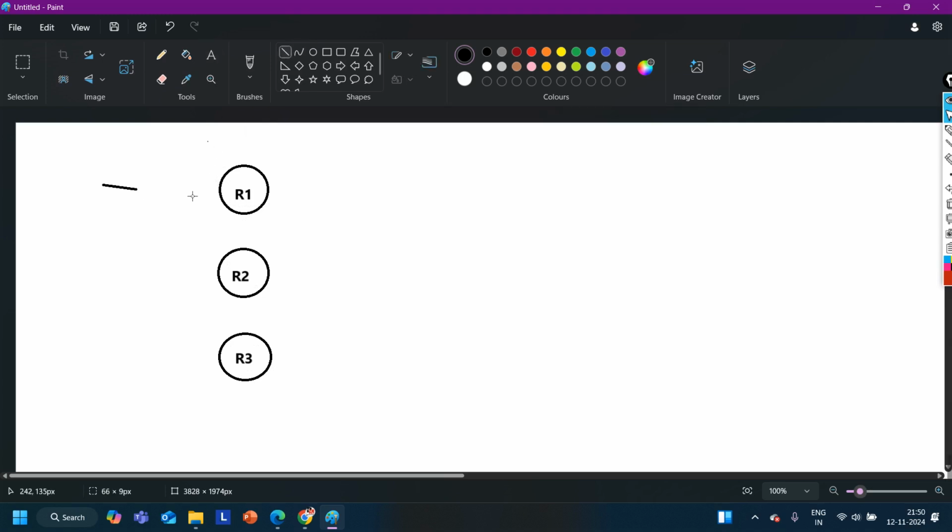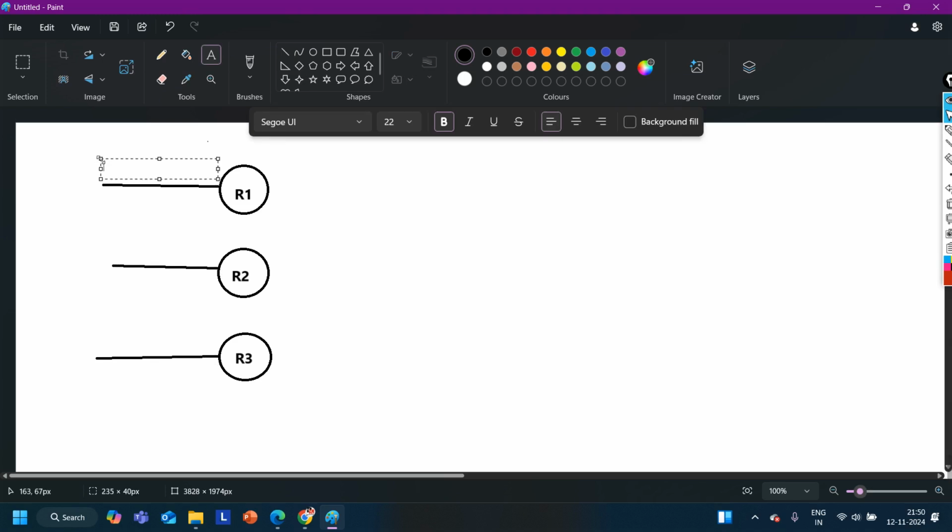For an example, here I have one LAN, here I have one LAN, and here I have one LAN. Here the network is 10.1.1.0/24. Here the network is 10.1.2.0/24. Tell me, are both the same network or different networks? Both are different networks.